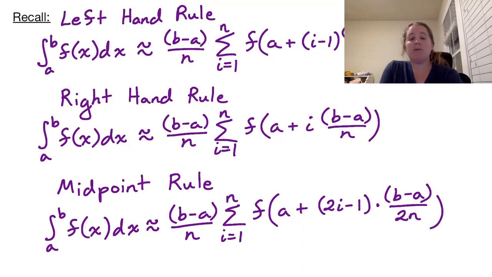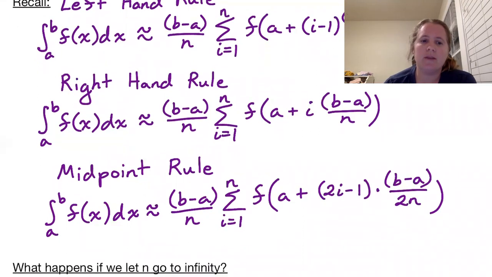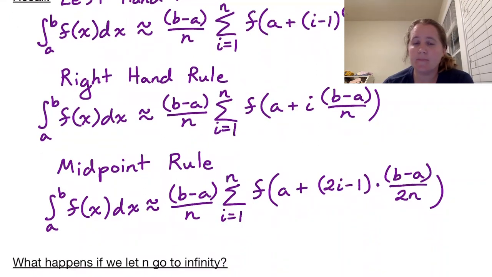So these were three ways that we could approximate the definite integral from a to b of f of x dx.